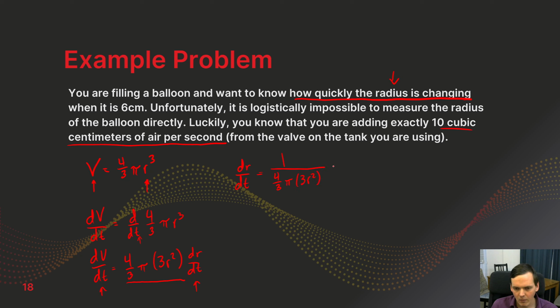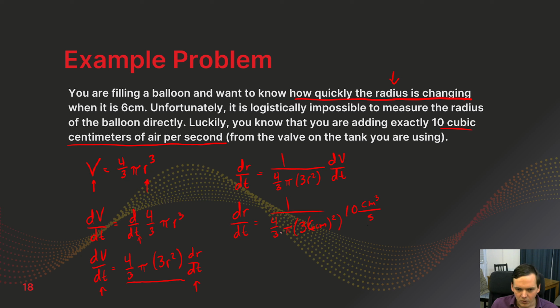So we're going to have dr by dt is equal to 1 over 4/3 pi times 3, and the radius we want to know when it was 6 centimeters. So 3 times 6 centimeters squared. And dV dt we said was 10 centimeters cubed per second.